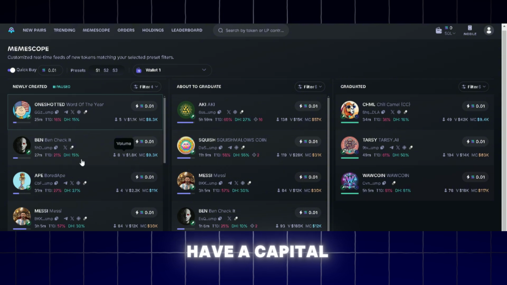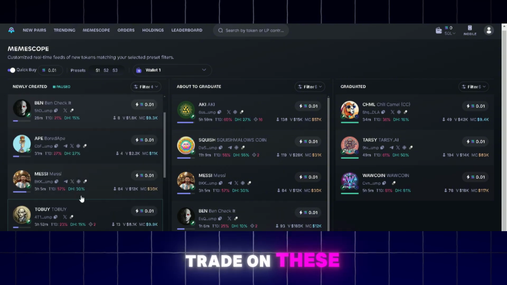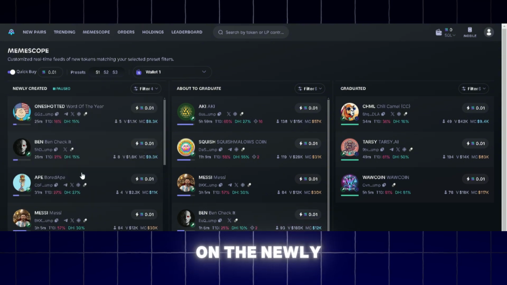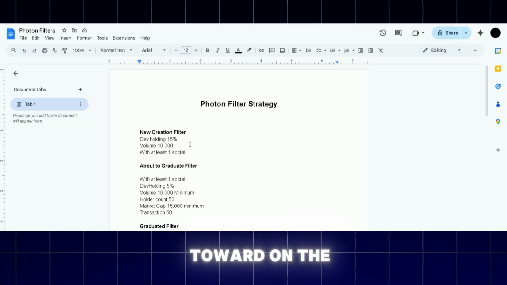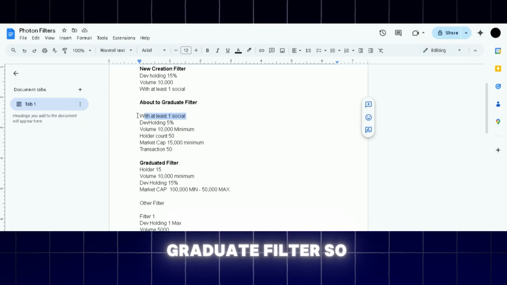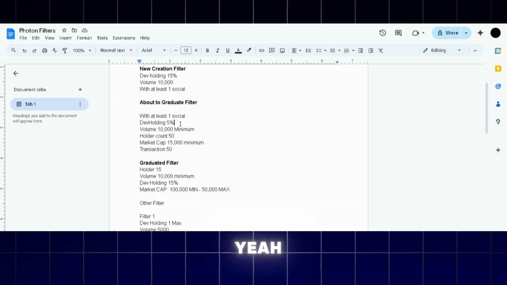If you have capital to invest, then you can trade these types of coins in the newly created section. So let's head toward the about-to-graduate filter.